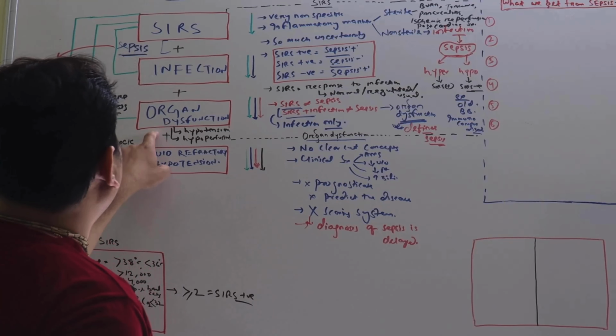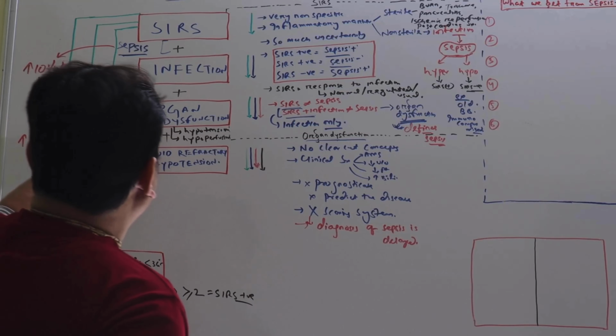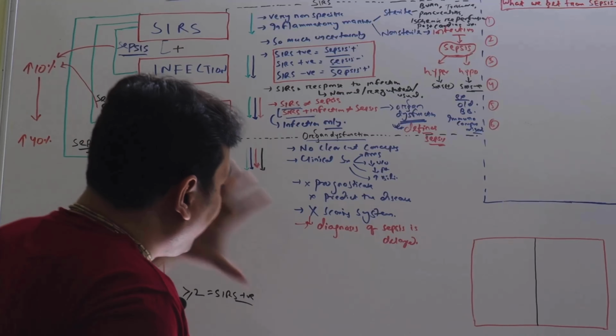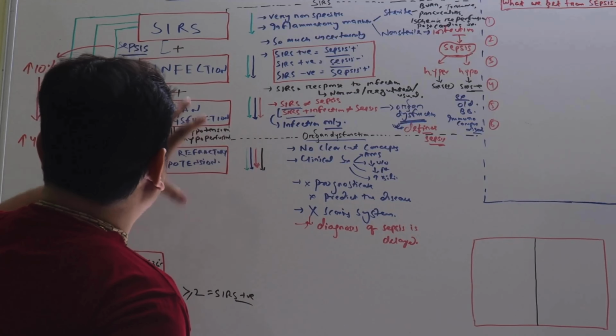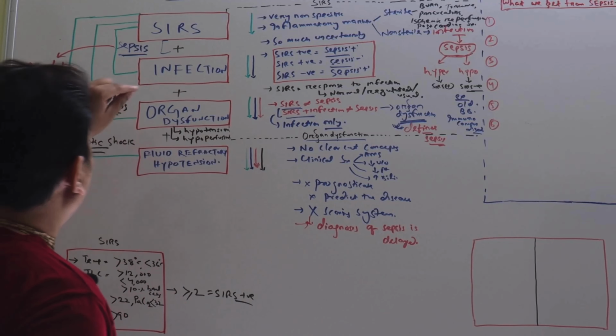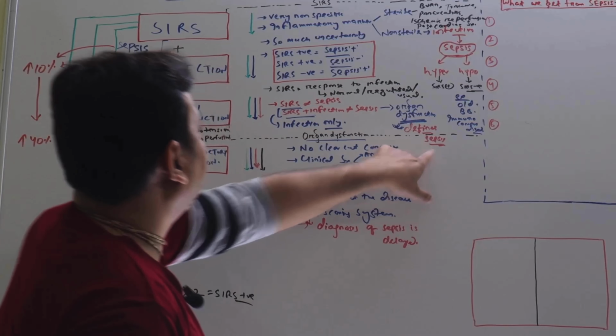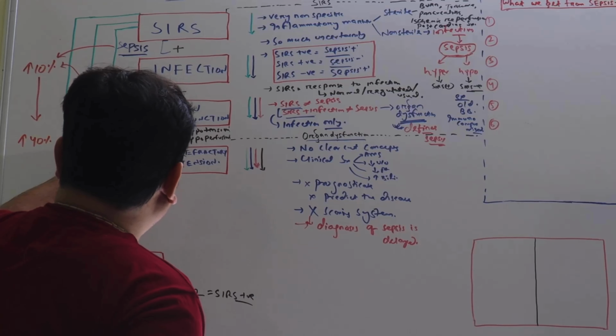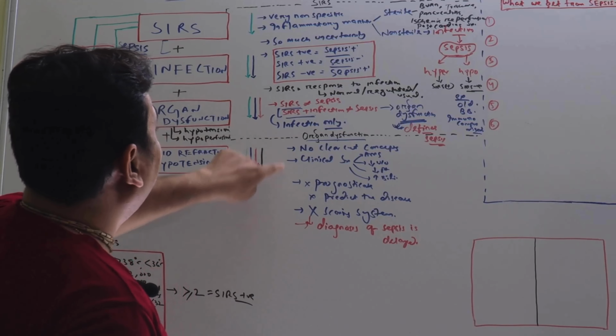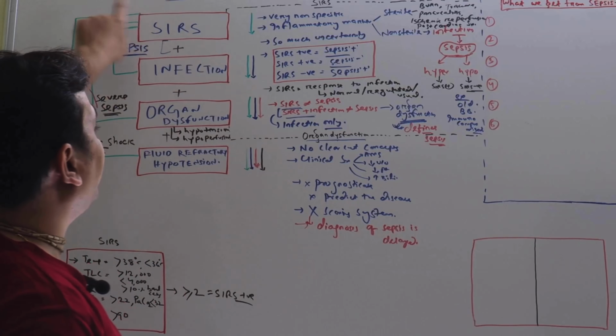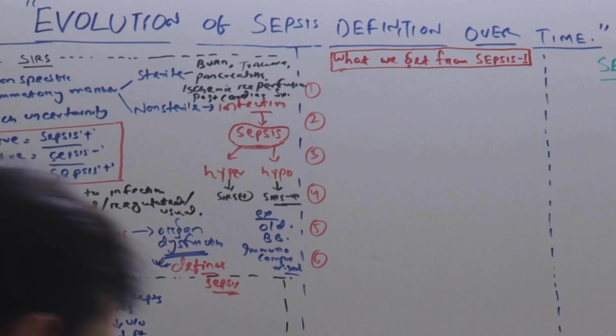When organ dysfunction is there, at that time this is actually sepsis, because in normal infection organ dysfunction does not occur. In sepsis, organ dysfunction occurs. So organ dysfunction is something that defines sepsis. But the same organ dysfunction was defined in a very vague way in the Sepsis-1 definition. What do we get from Sepsis-1?